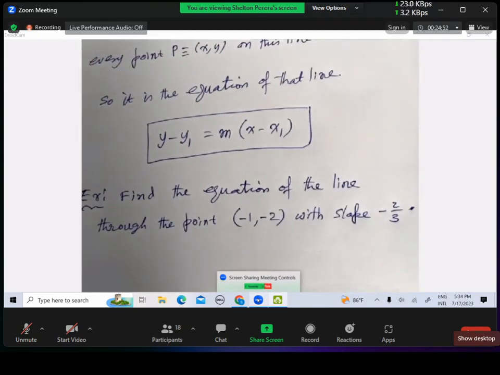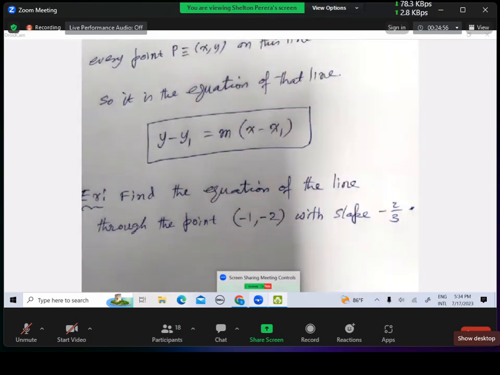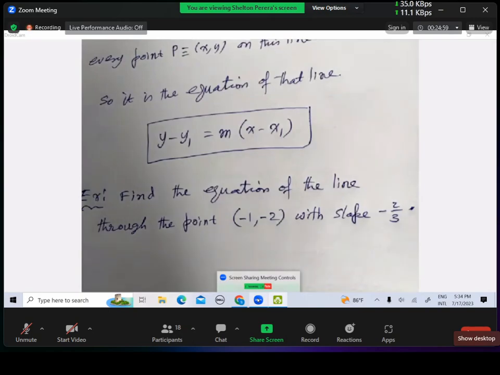So the slope is negative, so it's a falling line. You don't even need to draw a graph. You can draw the graph after you find the equation also.